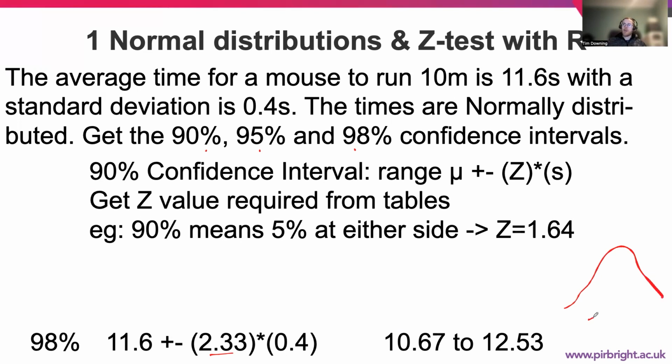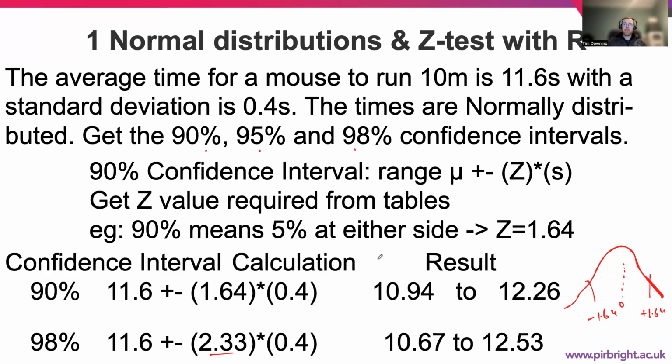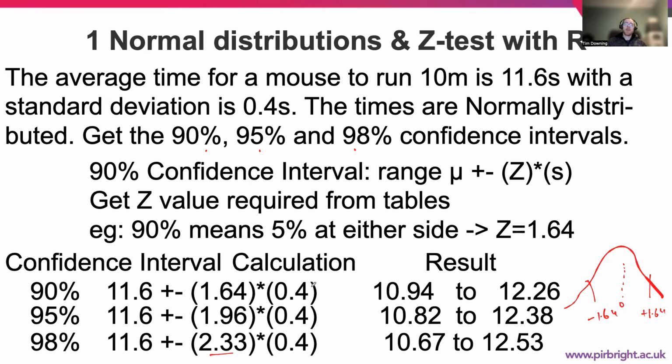So think about minus 1.64 to plus 1.64 with Z equals 0 here in the middle. So getting this area in here, that's what we're looking at. And the same if we're getting a 95% confidence interval, our Z value then is going to be 1.96 instead. And we just put that in there.